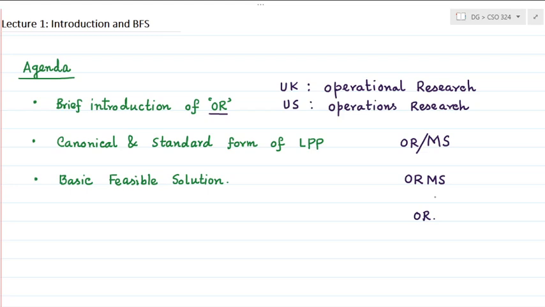Operations research can also be treated as a science in the sense that it is used in describing, understanding, and predicting system behavior, especially in today's era of machine learning, where we are all chasing the man-machine system or machine learning.